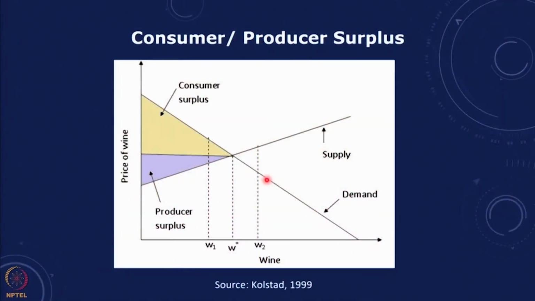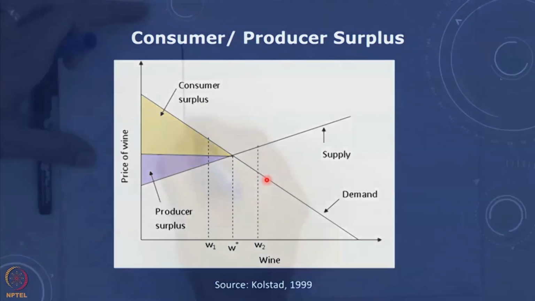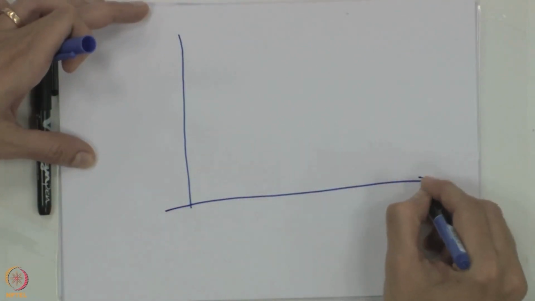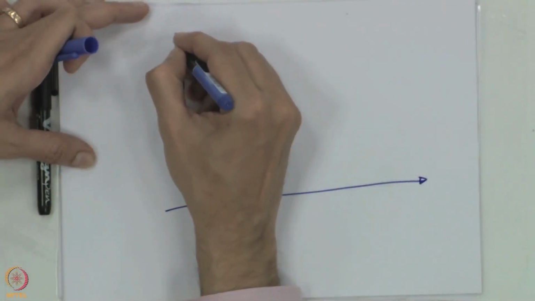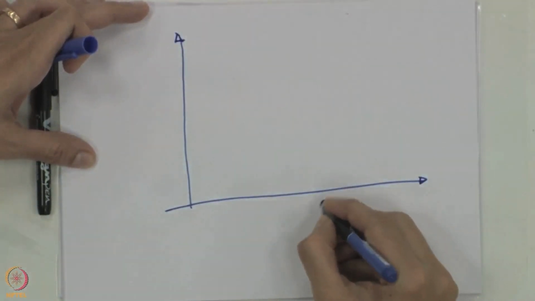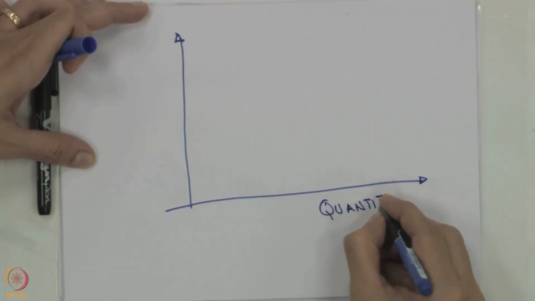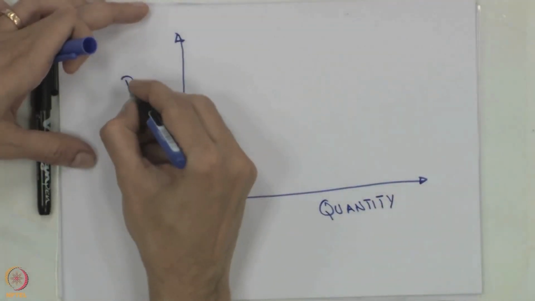Okay, so now to get back to our usual analysis, when we talk in terms of creating, this figure is from Kolstad. We can do a similar kind of thing if we are looking at any goods and services. If we are looking at coal or oil or natural gas, we are looking at the quantity and we have the price.